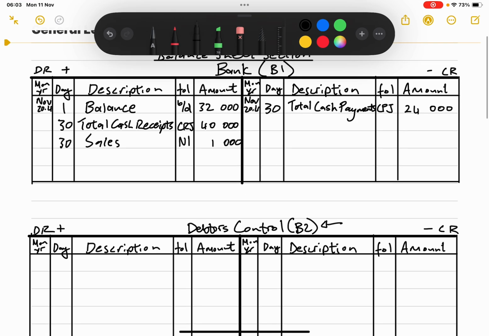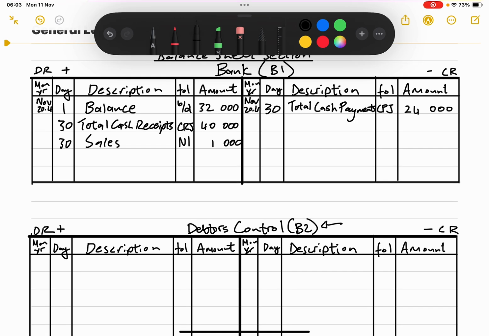Okay, cool. Now balancing. For assets, you're going to balance on the left, the debit side. For liabilities, it will be on the right. But as a general rule of thumb, just look where the amounts are the largest, and that's where you'll balance.